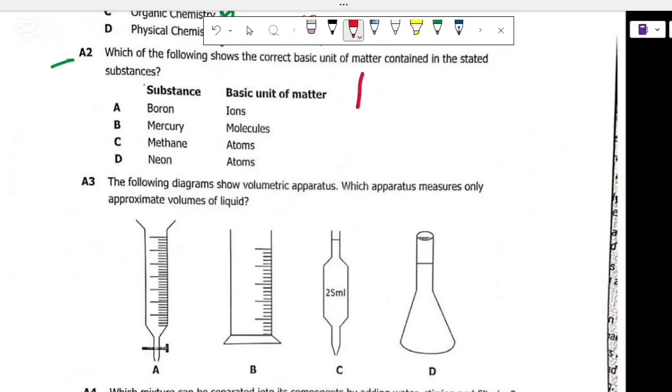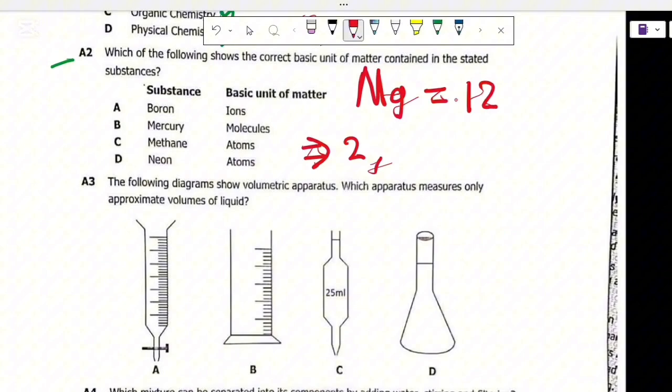Magnesium. Magnesium is Mg and its atomic number is actually 12. So what's the electron configuration? The first shell, 2. The second, remember that you are remaining with 10 after you've removed 2 electrons. So you're going to write 8 because that's the second shell, which means that you still have 2 more electrons that remain.